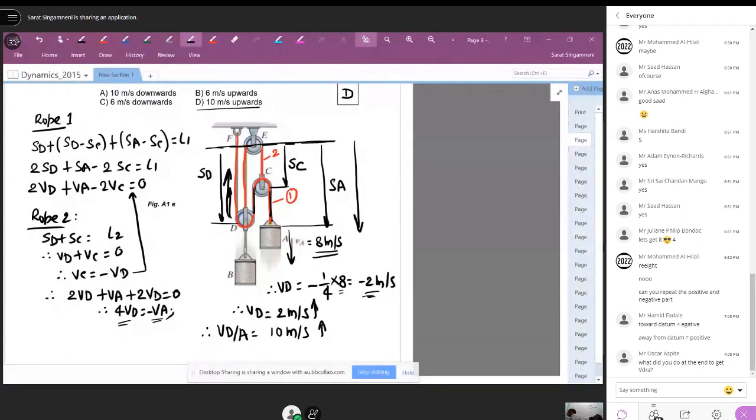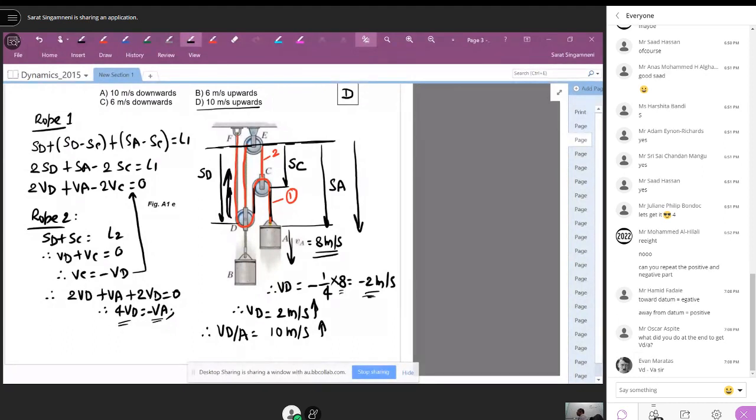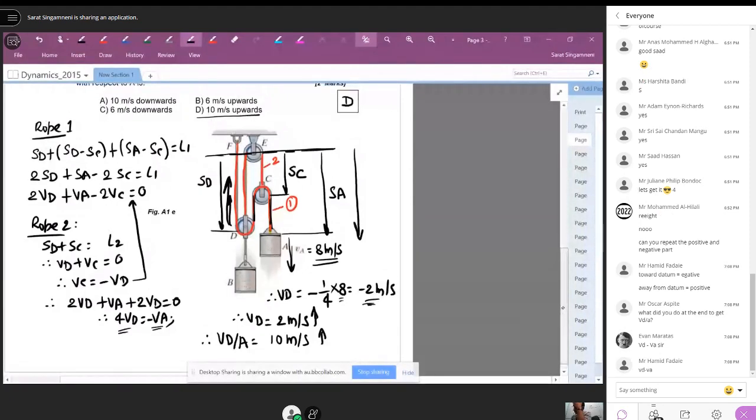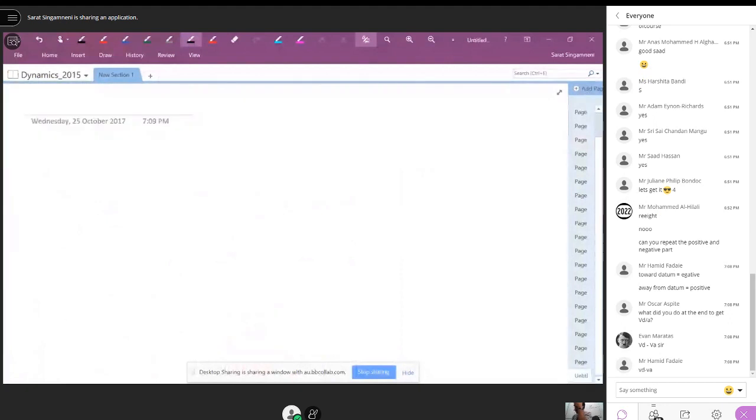All right, what did you do at the end to get VDA? It is relative velocity. Normally relative velocities, if we use a vector, for example, VA is a vector, and VD is another vector. Velocity of D with respect to A will be that vector.